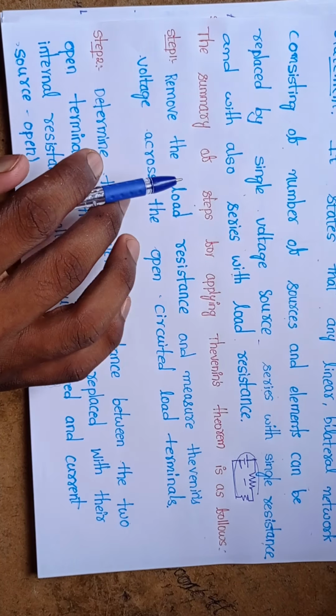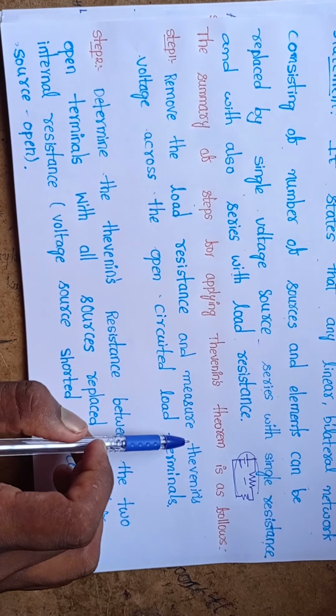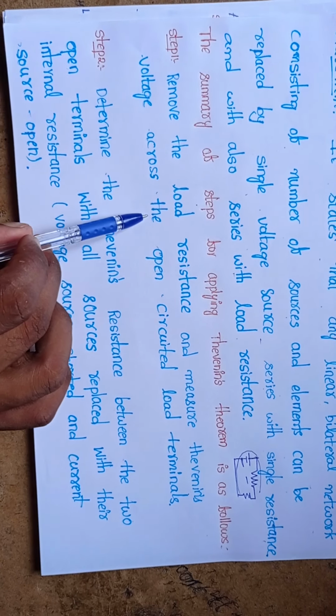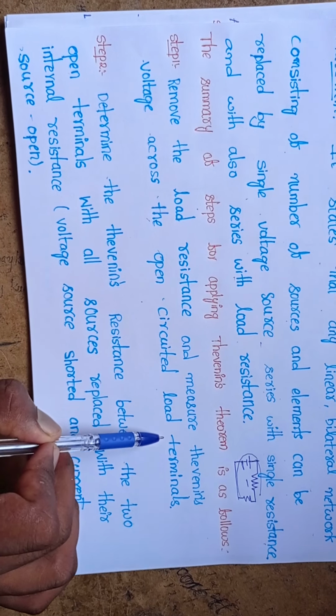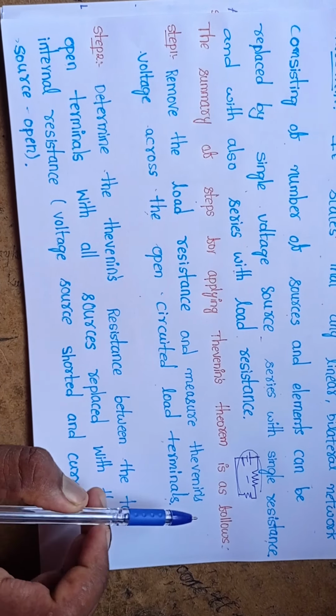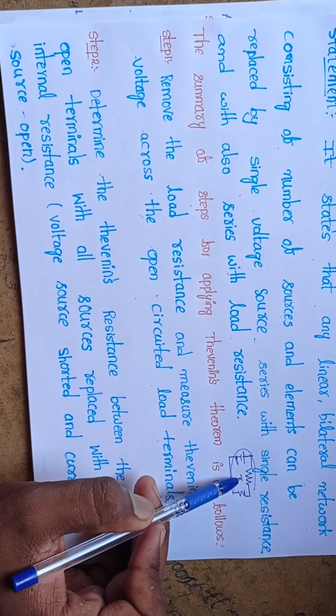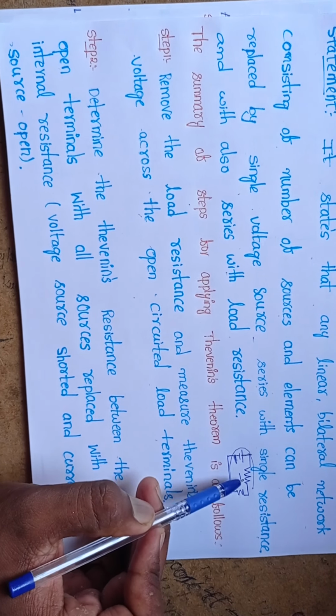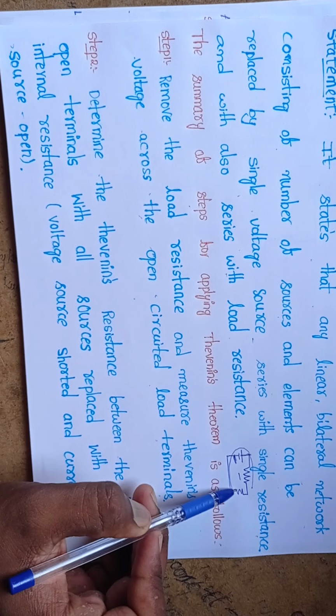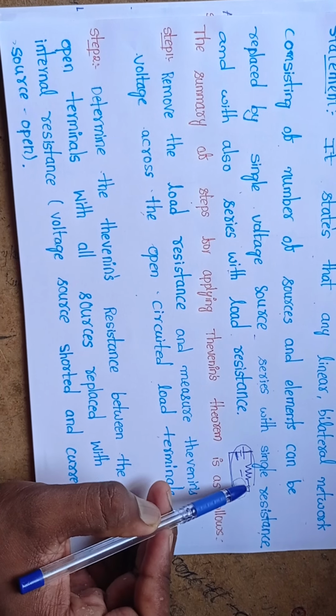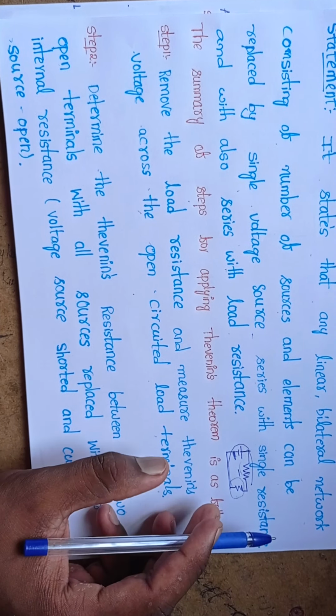First step is to remove the load resistance and measure the Thevenin's voltage across the open circuited load terminals. We know in Thevenin's equivalent circuit we have three components. One is the voltage source, another is the normal series resistance, and another is the load resistance.